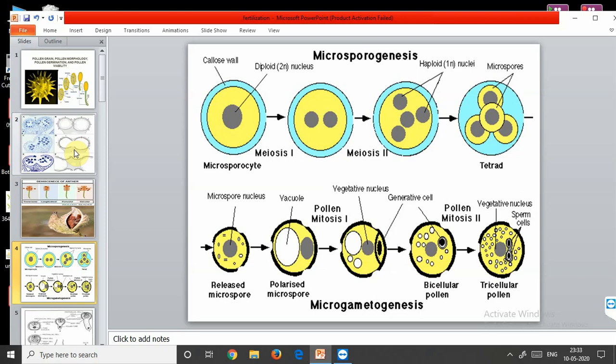Now what happens after pollination? The rest of the further development of the pollen grain takes place on the stigma of the carpel after pollination. The pollen grains that are now transferred to the stigma absorb moisture and sugar content from the stigma.